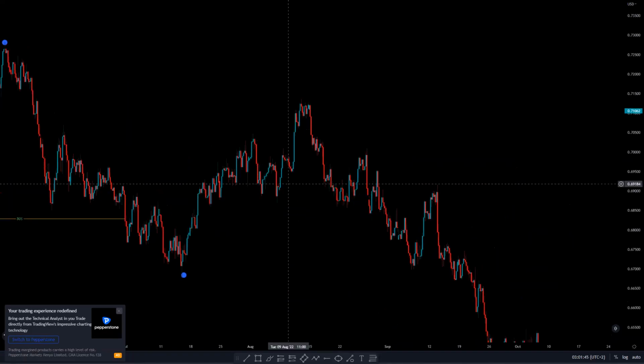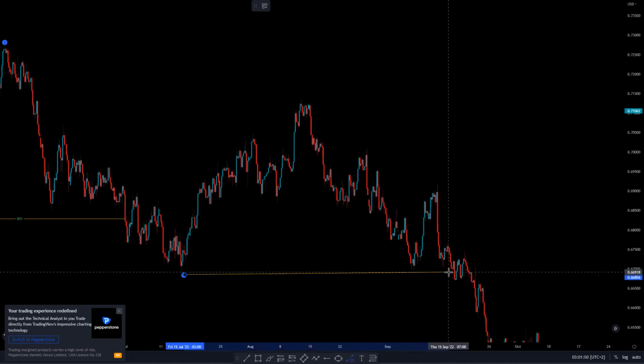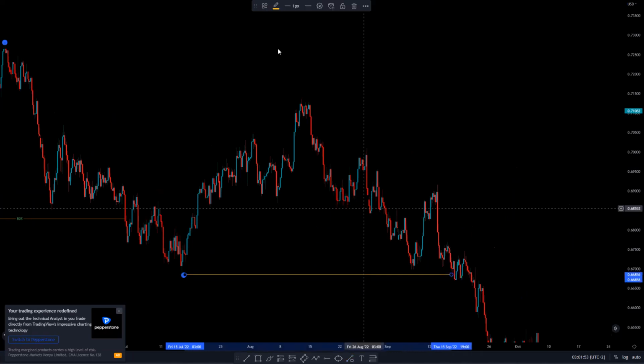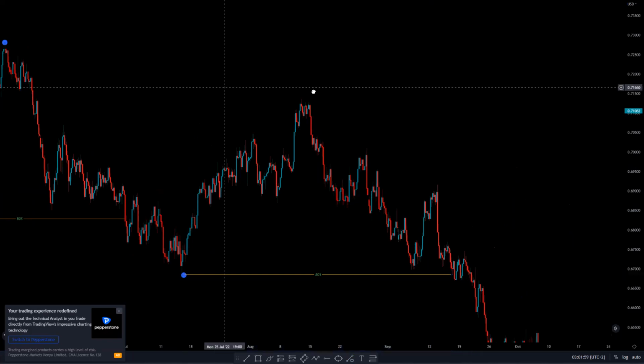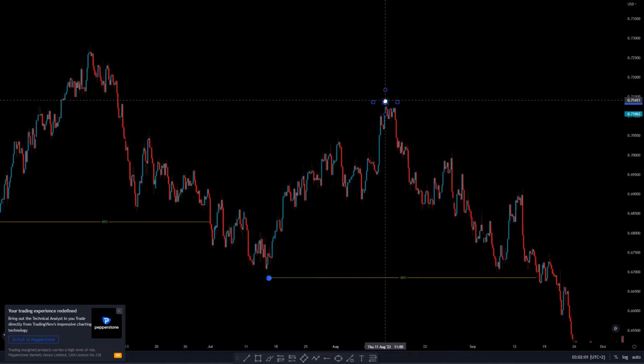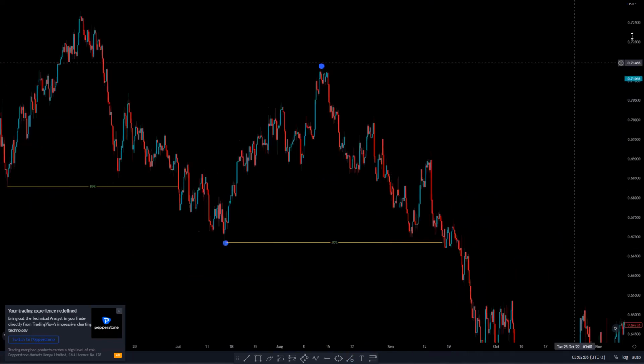Then do we break structure? Let's see. The price has broken structure, right? The price has finally broken structure. So the moment the price breaks structure, that becomes our highest point, right?